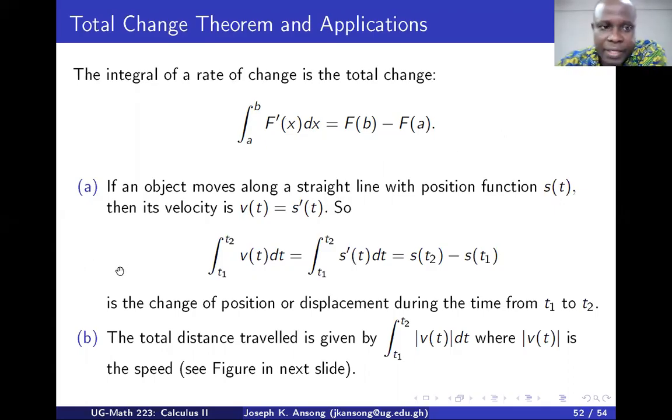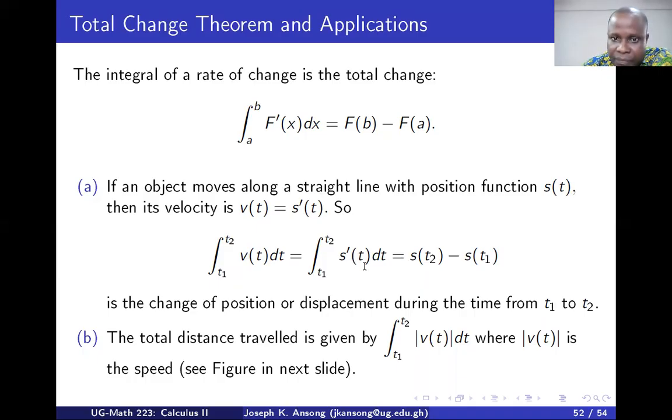So this says that if an object moves along a straight line with position function s of t, then its velocity v of t is given by the derivative of the position. If we differentiate the position function, we get the velocity. So the integral from time t1 to t2 of the velocity will be equal to the integral from t1 to t2 of s prime, since the velocity is the derivative of the position function.